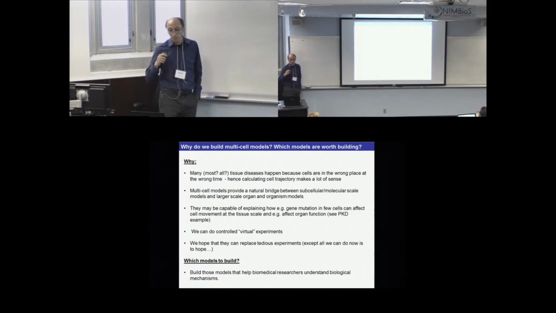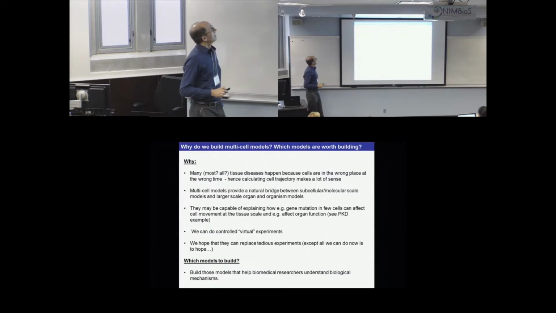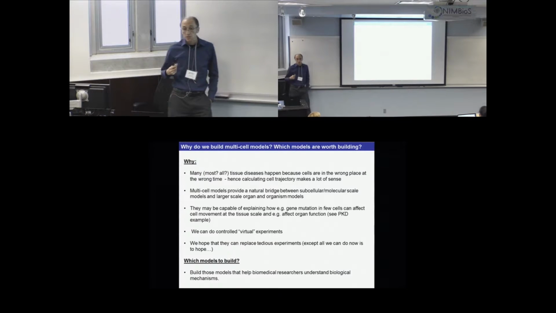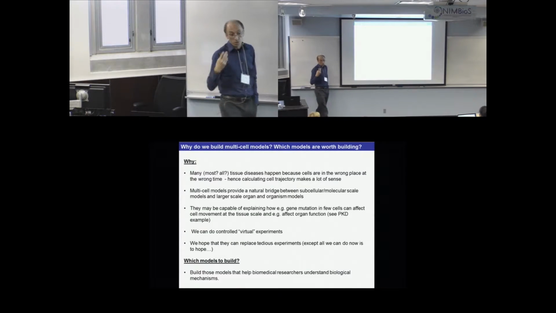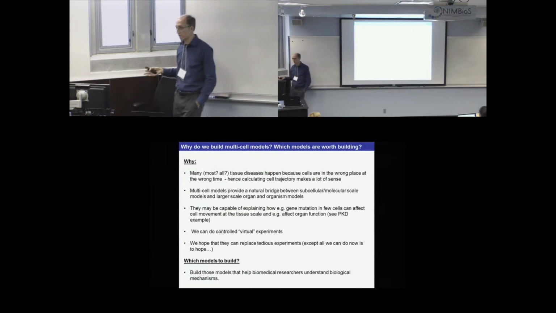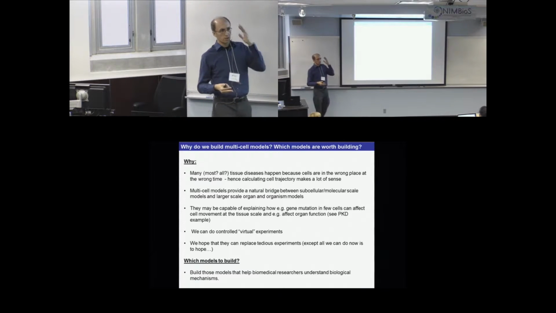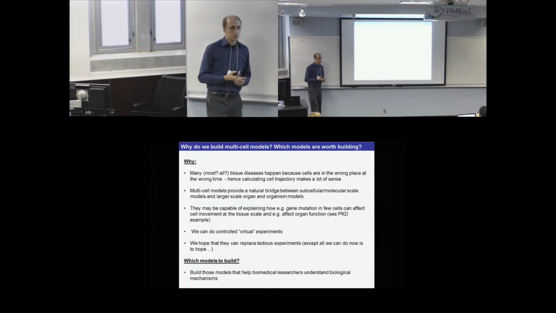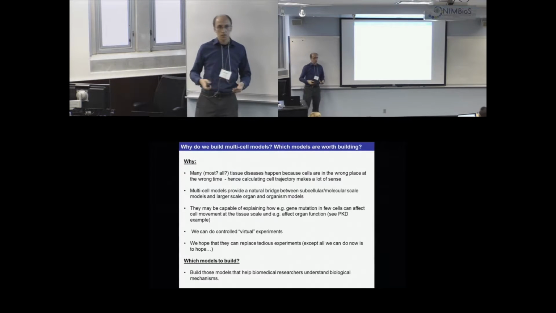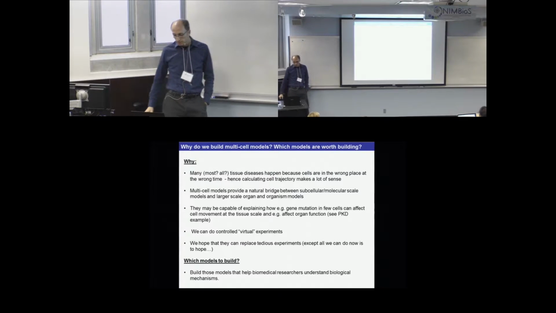So why do we bother? Why do we even try to calculate those trajectories of the cells? Well, it happens so that many or most of the tissue diseases happen because cells are in the wrong place at the wrong time. We can look at cancer, we can look at polycystic kidney disease, we can look at age-related macular degeneration, we can look at various granulomas, which are tumor-like growths, but not invasive.